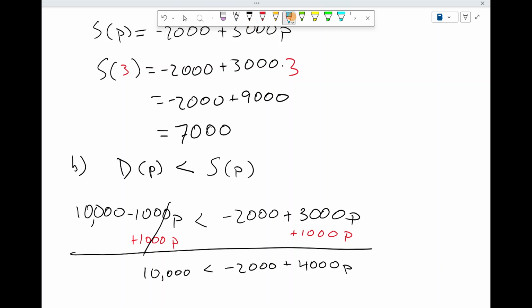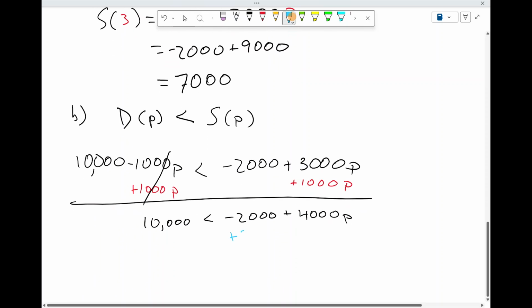All right. And so I'm going to add 2,000 to both sides. And again, I'm just trying to get all the variable terms to one side of the inequality, all the number terms to the other side.